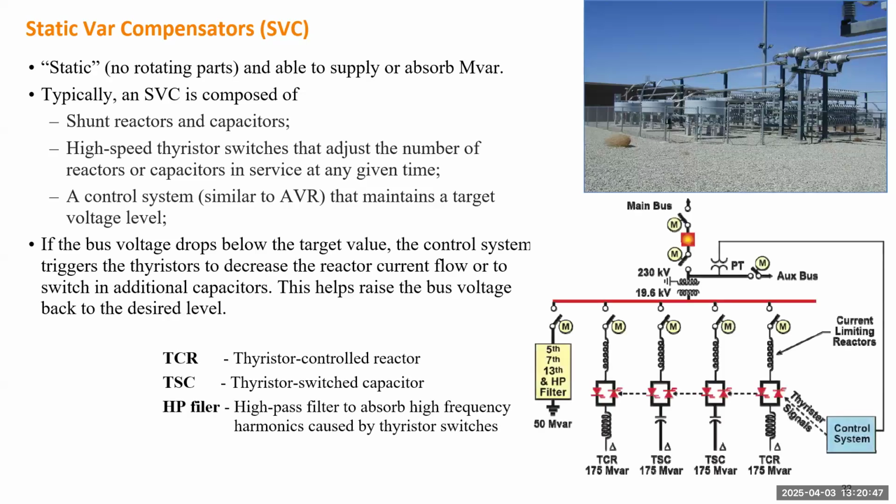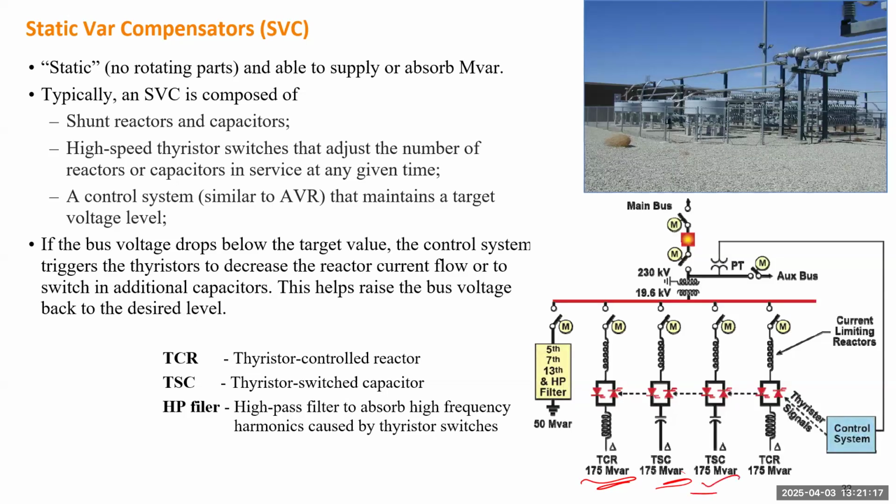This is a figure from the April tutorial. If you read that chapter about voltage control, I have more details on how to design, deploy, or operate such a system. But this is a very good illustration that gives you an idea of what an SVC needs to have. This is a sequencer controlled reactor, and this is a sequencer controlled capacitor.